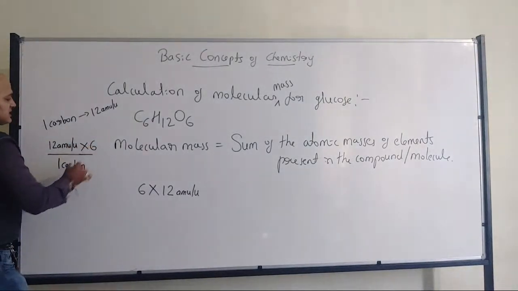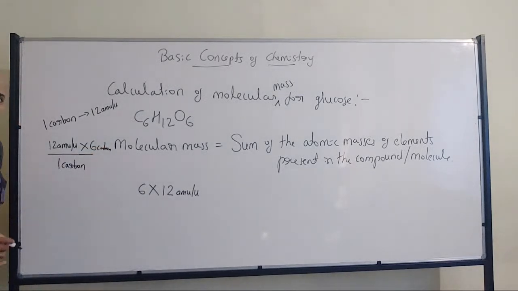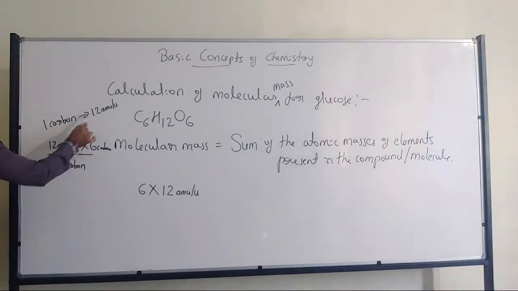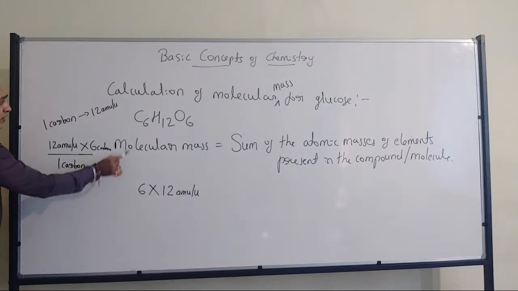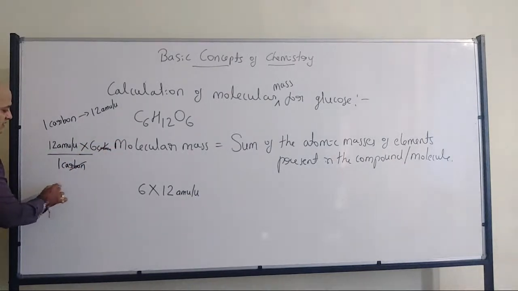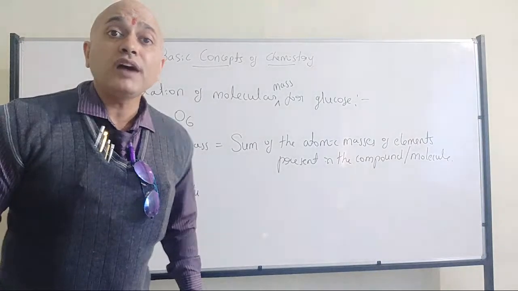How much for 6 carbon? This is how you should calculate, right? So given information I know, for one carbon, 12 atomic mass unit. How much will be for 6 carbon? So carbon will get cancelled. The answer will be in terms of atomic mass unit or unified mass.